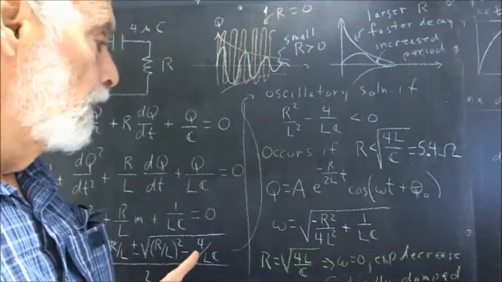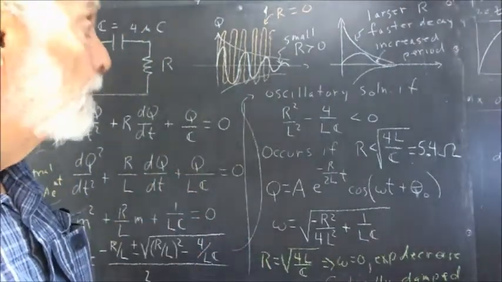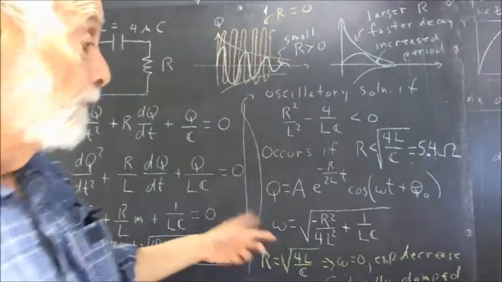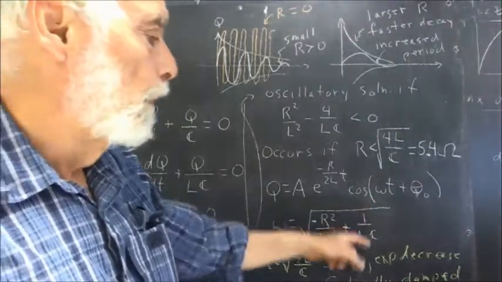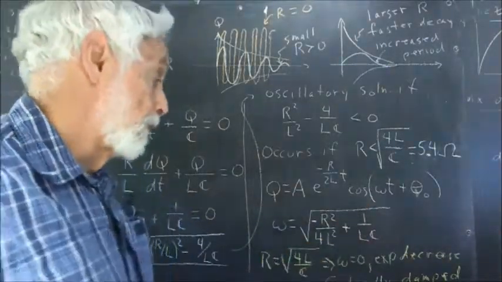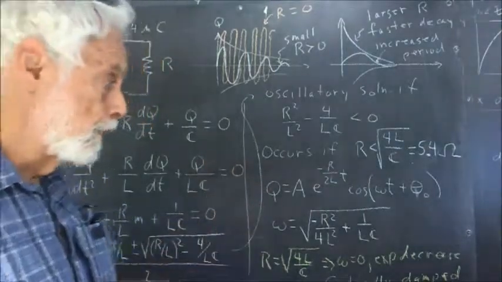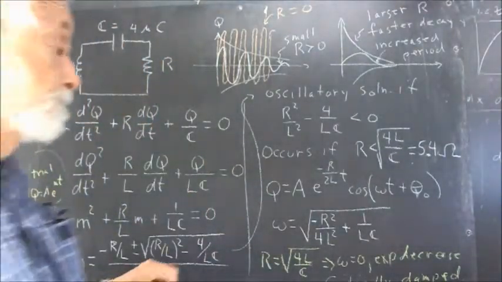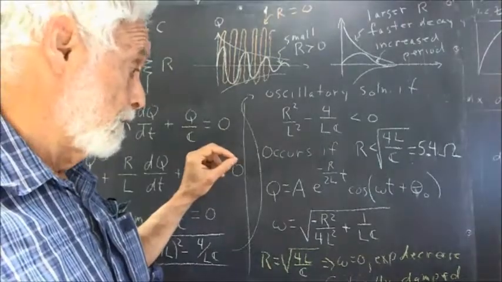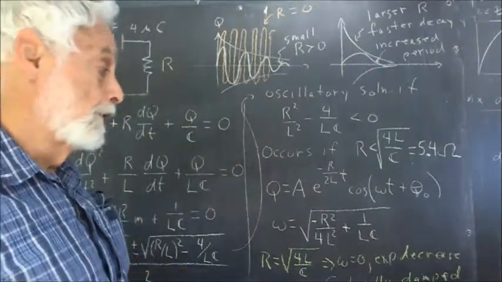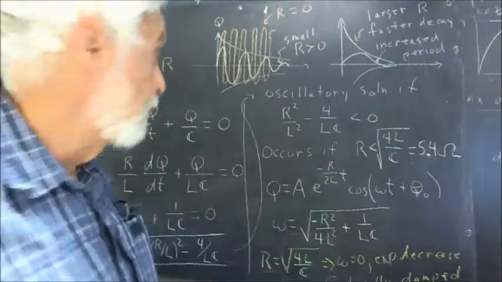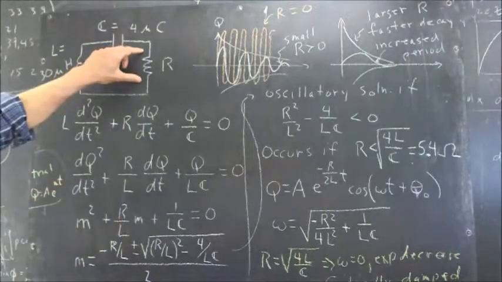Now, if R is 0, what do we have? Okay, well, if R is 0, we just have the square root of 1 over LC. Now, you might want to refer back to your notes that I hope you took on the previous situation where we had just the LC circuit. We had no R. R was 0.